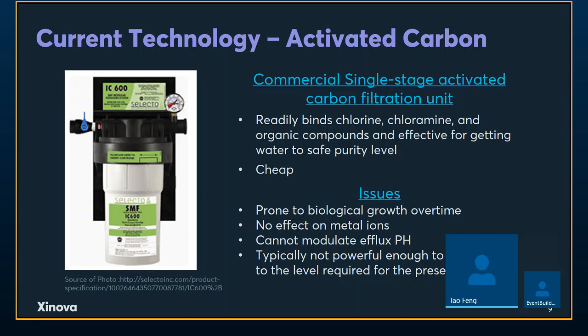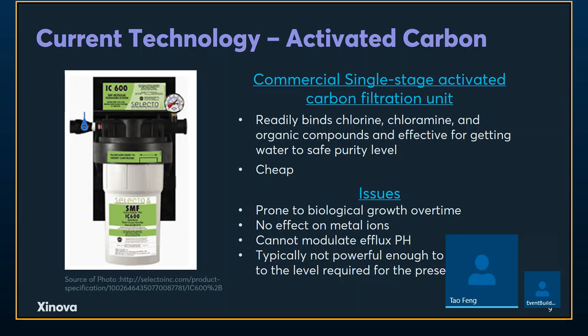So the picture in this slide shows a commercial carbon filtration unit from the company Selecto. This unit combines a titanium oxide fiberglass membrane with a hollow carbon filter. It was mentioned that this patented hollow carbon water filtration unit offers a very high flow rate.